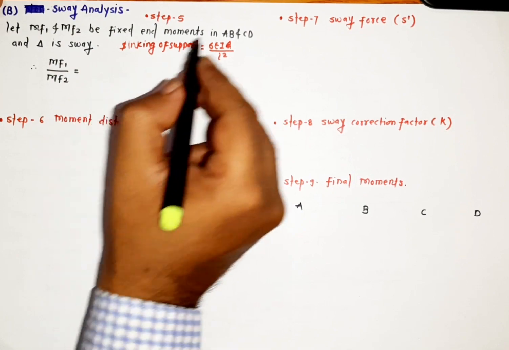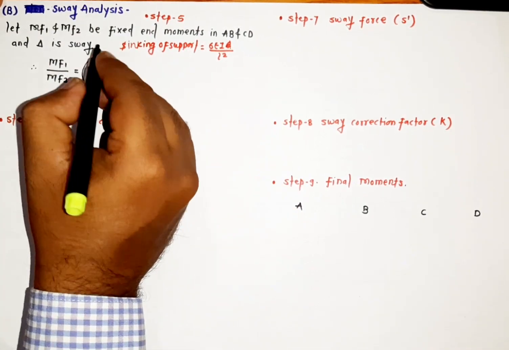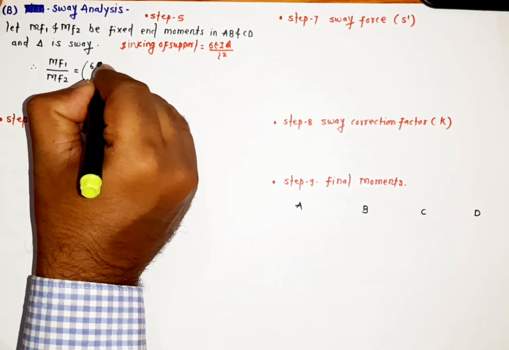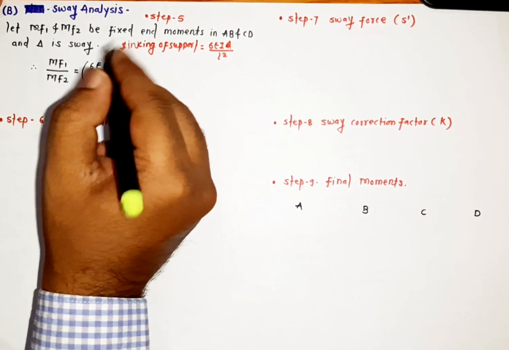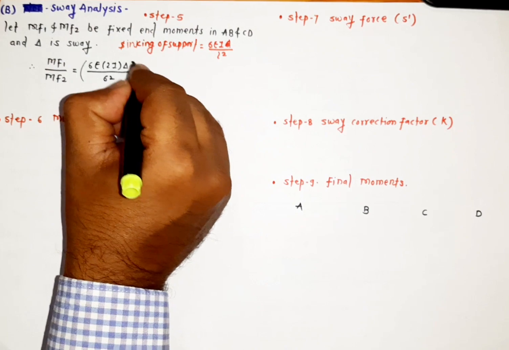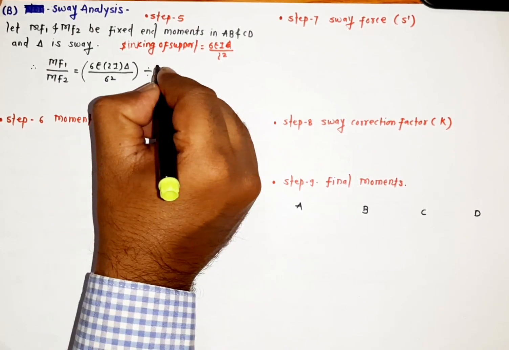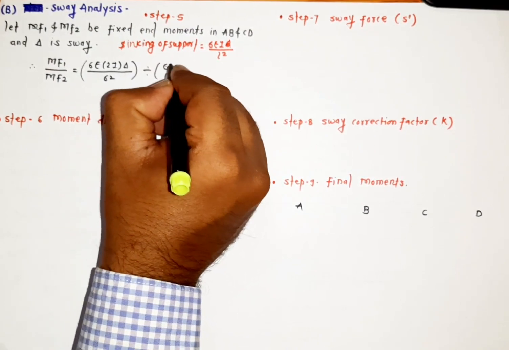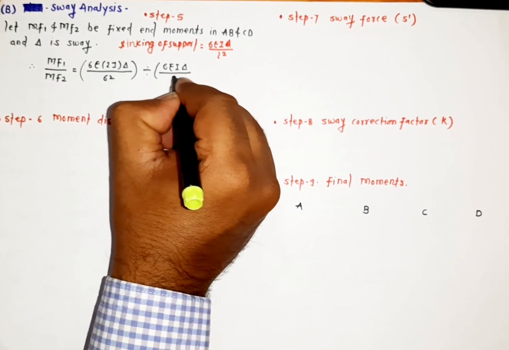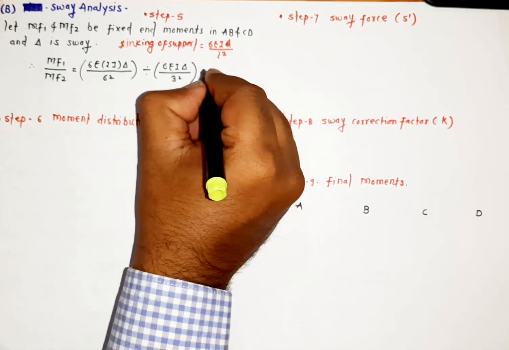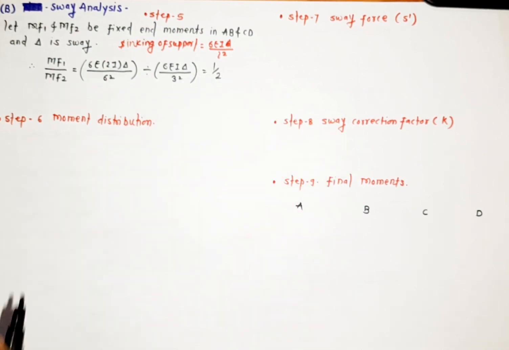Using this formula, it will be 6E into 2I into delta divided by L is 6 squared, divided by 6EI delta divided by 3 squared. So ultimately this ratio comes to 1/2.